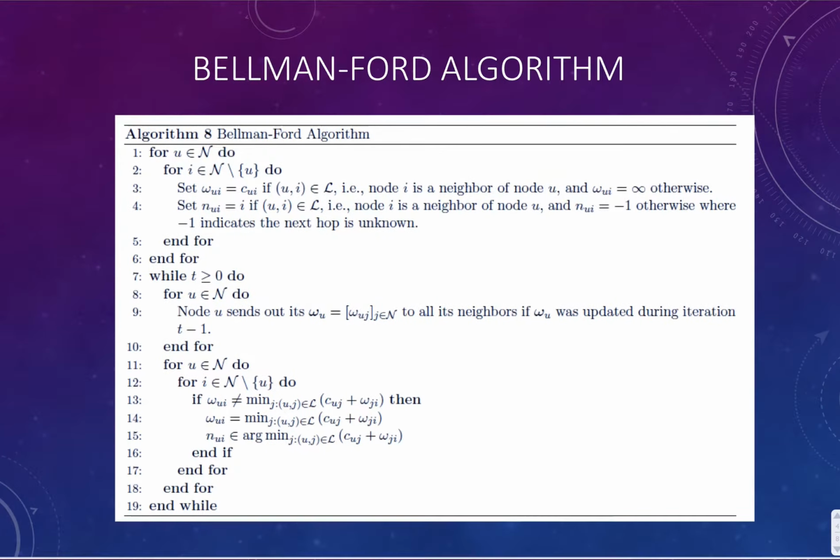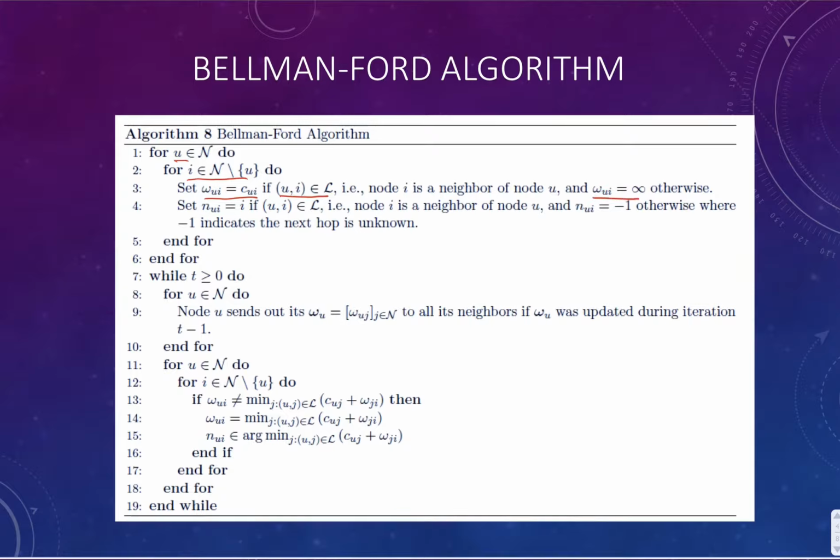Okay, so here is the algorithm that basically rests on that principle. For every node in the network, let's say U, do the following. First of all, we initialize. For every node other than U, we initialize the cost to that node to the immediate link cost if that node I is a neighbor of U, and otherwise set the cost to infinity.